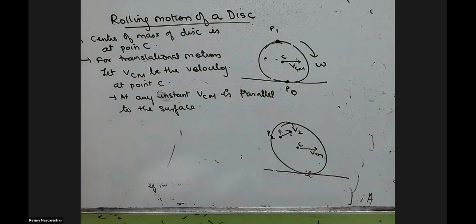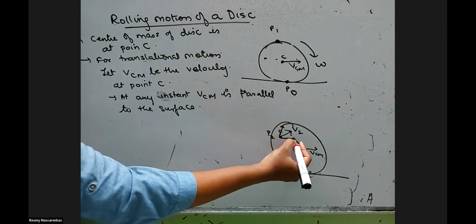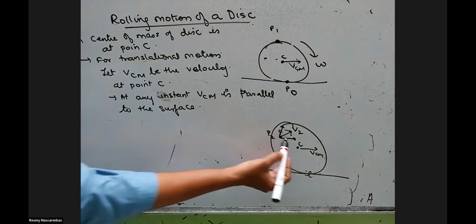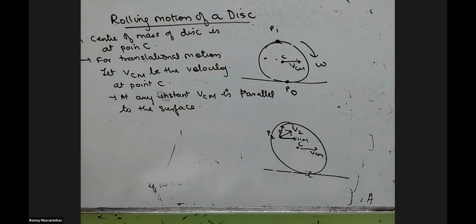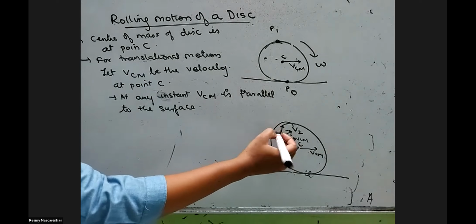So it will always have two components. One is this side, and this is always parallel to the surface, so this will always be Vcm. This is because of the linear motion, and the other is because of the rotation.